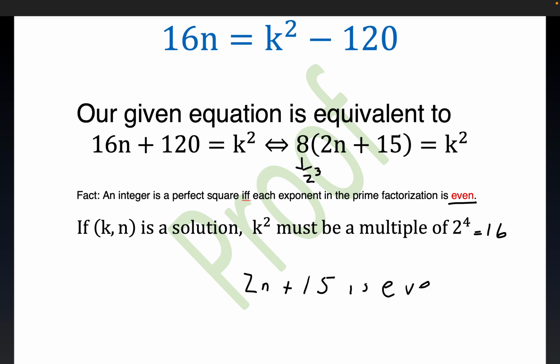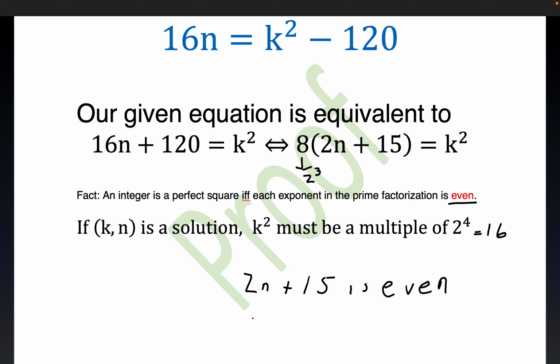This is one time where I don't think modular arithmetic is that great. I think it's better to just do it directly like Rex Schneider recommends. Okay, but we have 2n plus 15 right here. We need 16 to be a factor of this entire object. We see an 8 right here, so there has to be at least one more 2 in 2n plus 15. There's no choice but for it to be even. But this is clearly false, right?